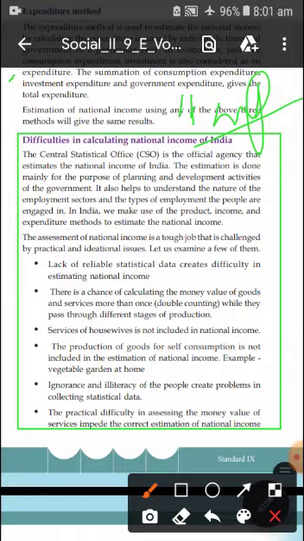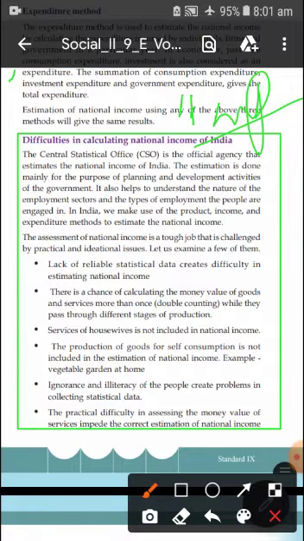CSO, Central Statistics Office, is the official agency that estimates the national income of India. The estimation is done mainly for the purpose of planning and development activities. Now see why it is difficult. It is a tough job, challenged by practical issues.